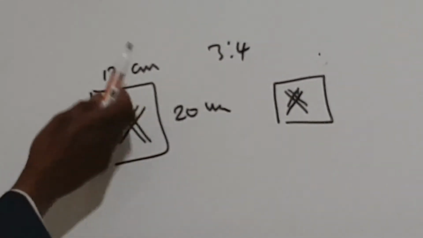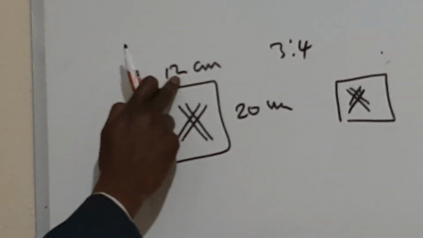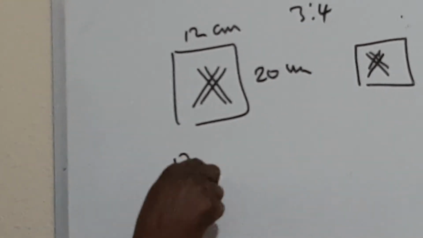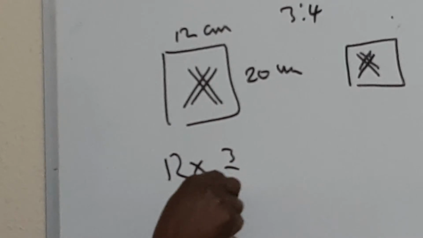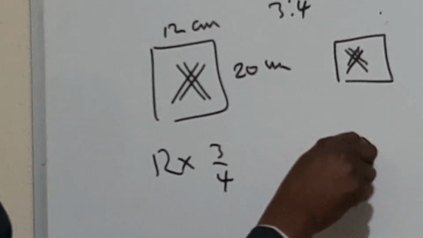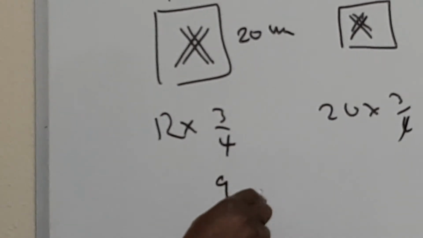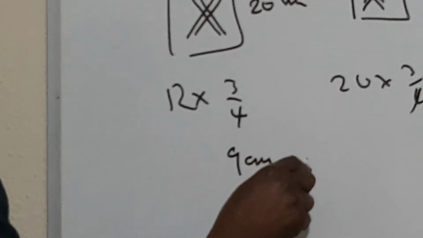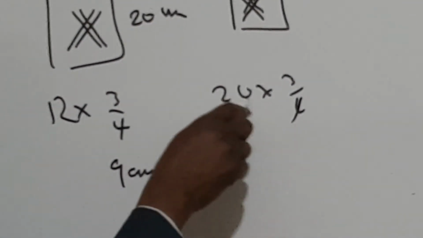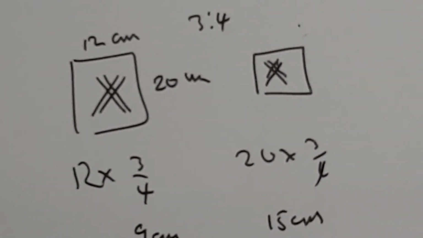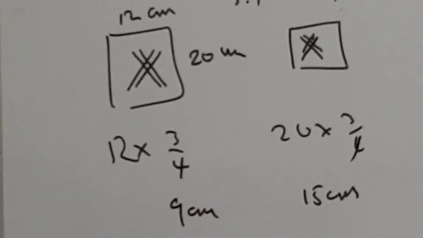Of course, it's smaller than this 12, and that is also smaller than 20. So the smaller side is going to be 12 times 3/4, which is 9 centimeter, and this other side will be 20 times 3/4, which is 15 centimeter.